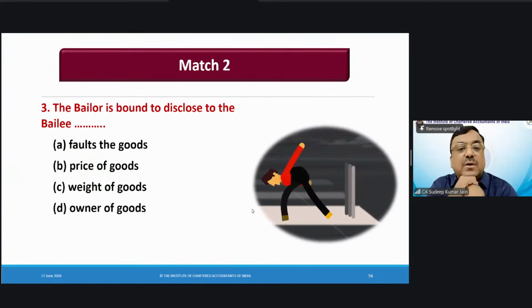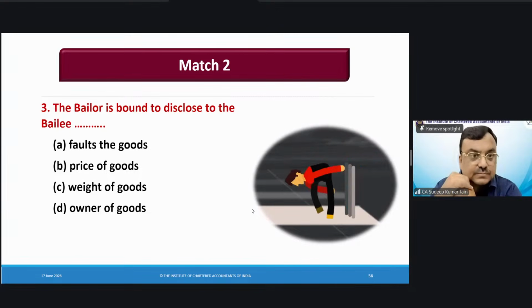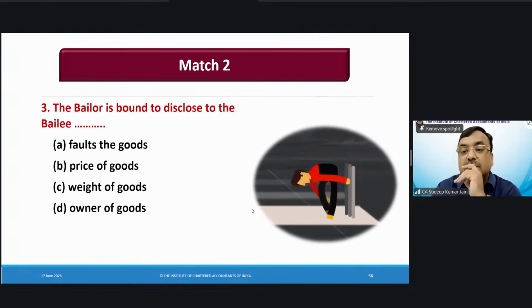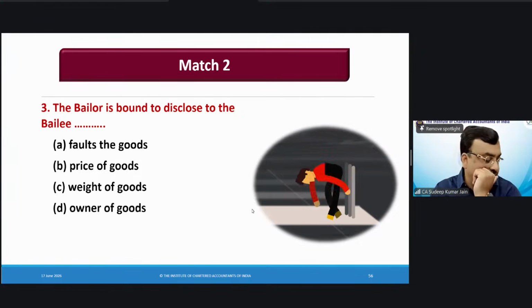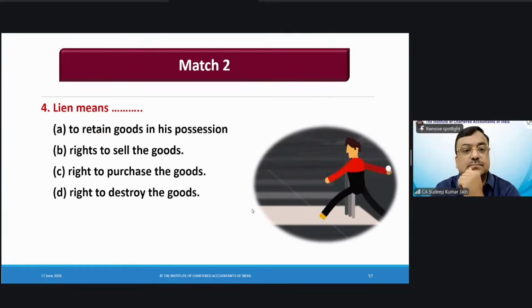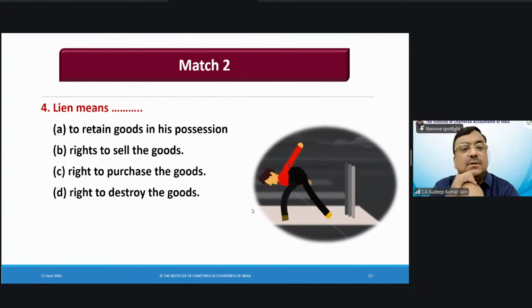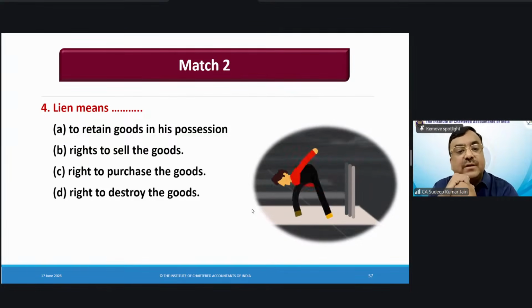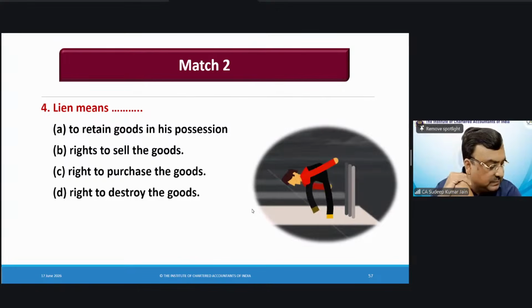The bailer is bound to disclose to the bailee faults of the goods, price of the goods, weight of the goods, owner of the goods. Lien means to retain goods in his possession, right to sell the goods, right to purchase the goods, right to destroy the goods.